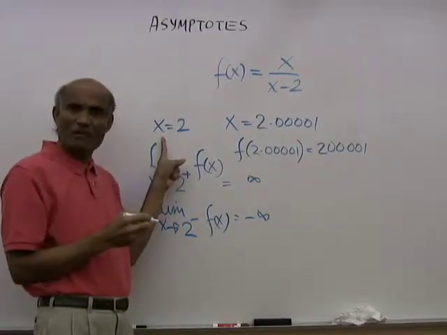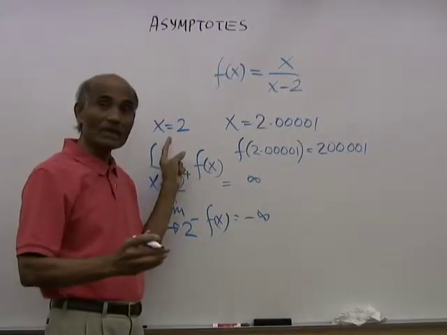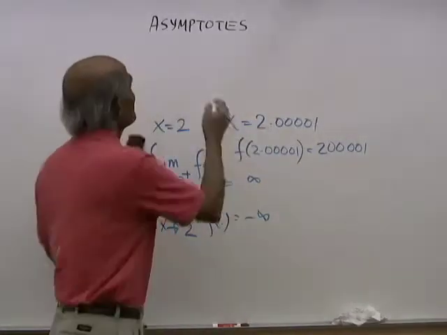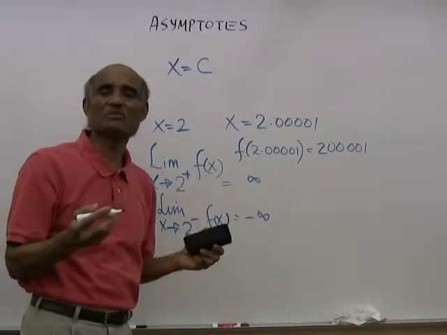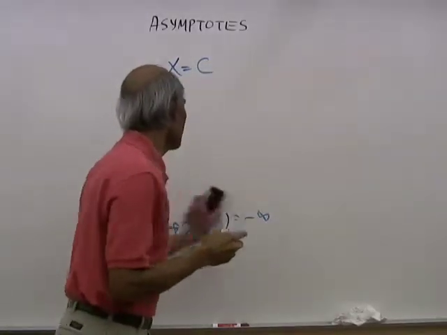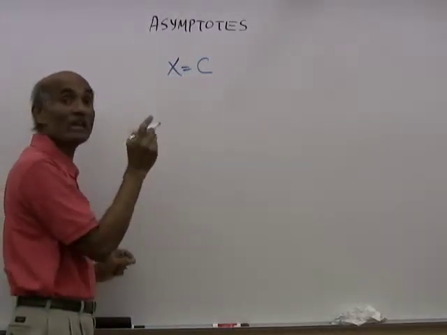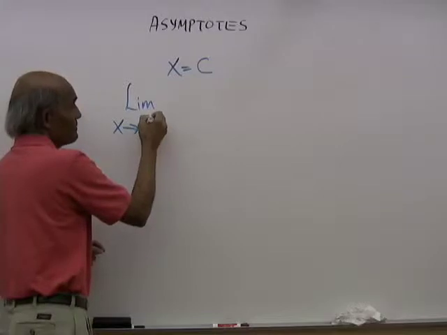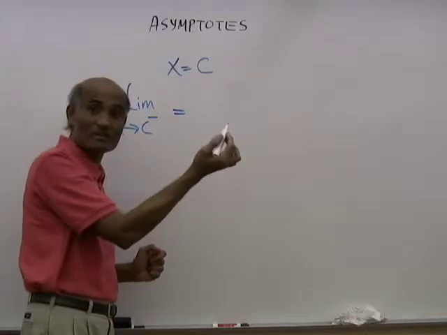Now, what is the graph of x equal to 2? x equal to 2 is a vertical line. Therefore, let's make it a general statement. x equal to c will be a vertical asymptote under what condition? For a function f of x, x equal to c will be a vertical asymptote if the limit as x approaches c from the left is either positive or negative infinity.